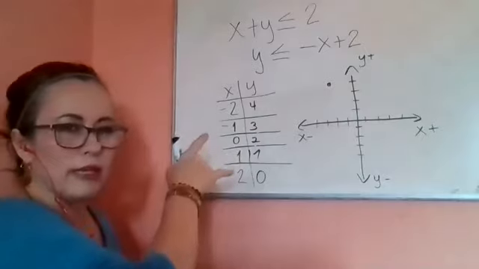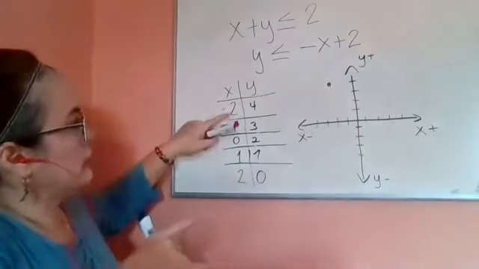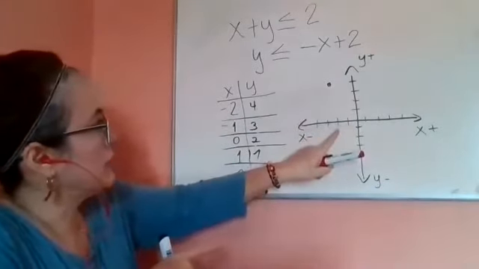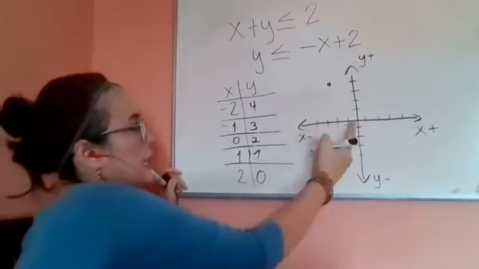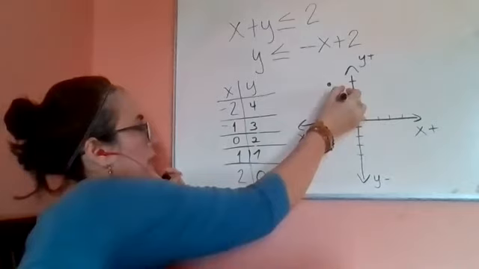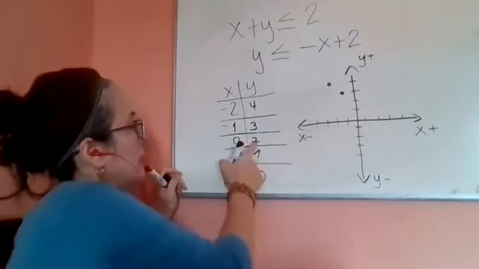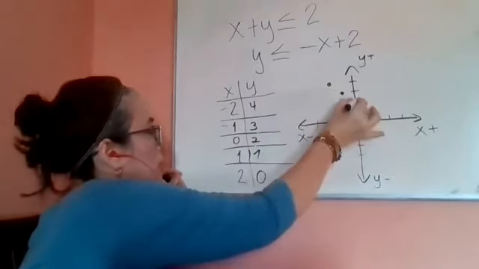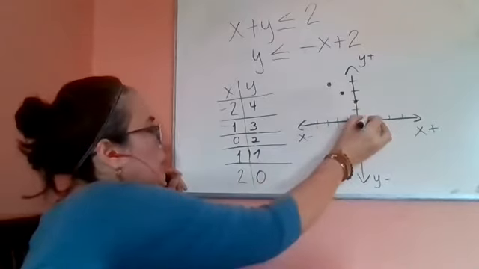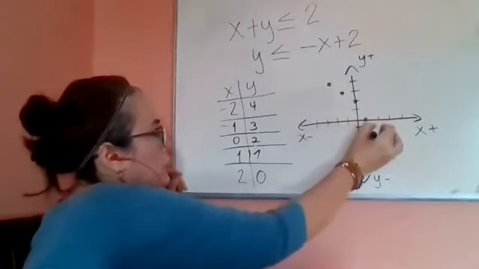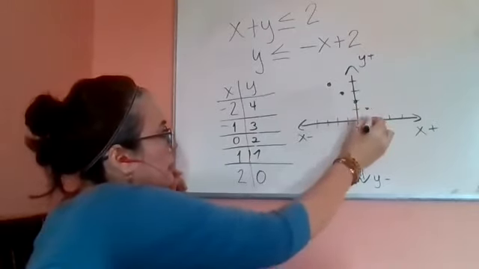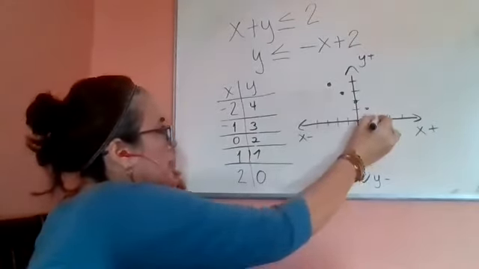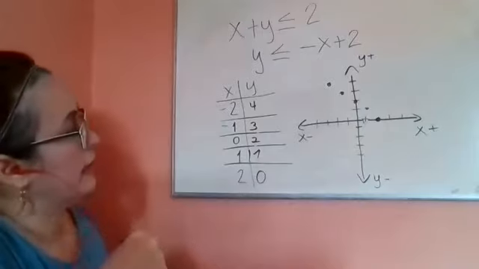Remember, this is like an address. For x, we go -2 first, and then we go 4 up. The second one is -1, and then 3 up, then 0 and 2 up, 1 and 1, and for 2 it's 2 and 0. I have my line over there.